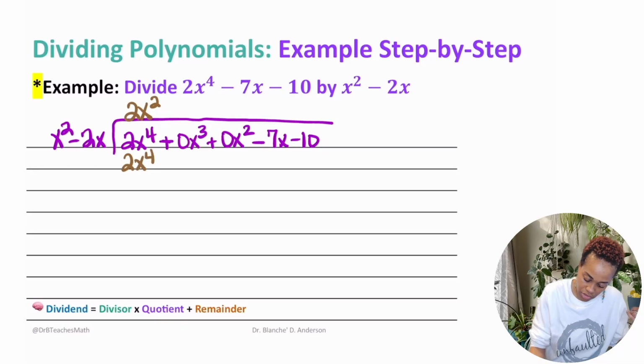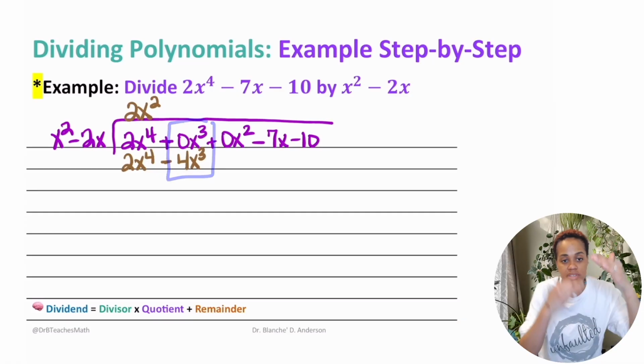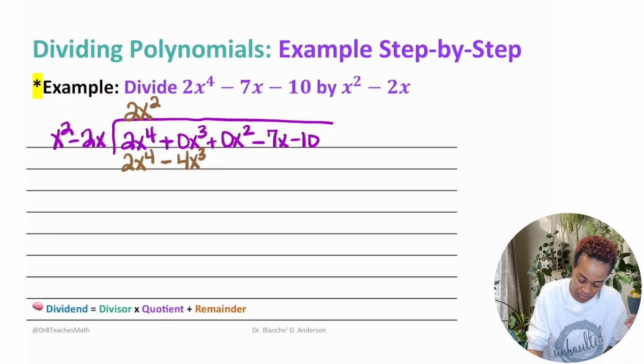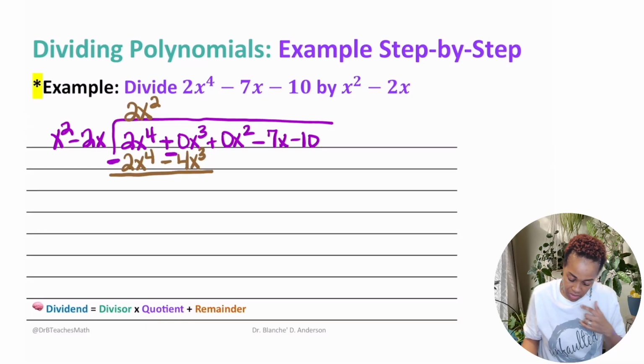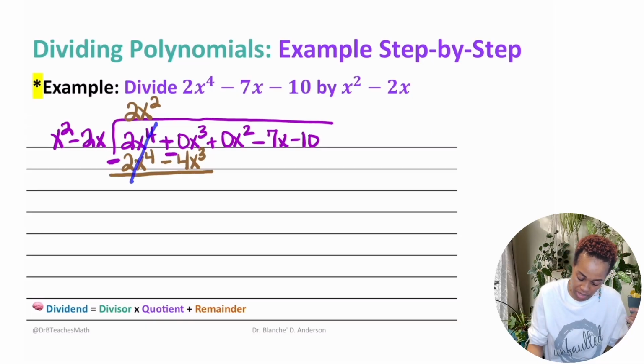Good. And then 2x squared times a minus 2x gives me a minus 4x cubed. That's why I said you want to fill it in, so that when you're doing the math, you have something to subtract it from. Everybody gets subtracted, right? So 2x to the fourth minus 2x to the fourth is 0.